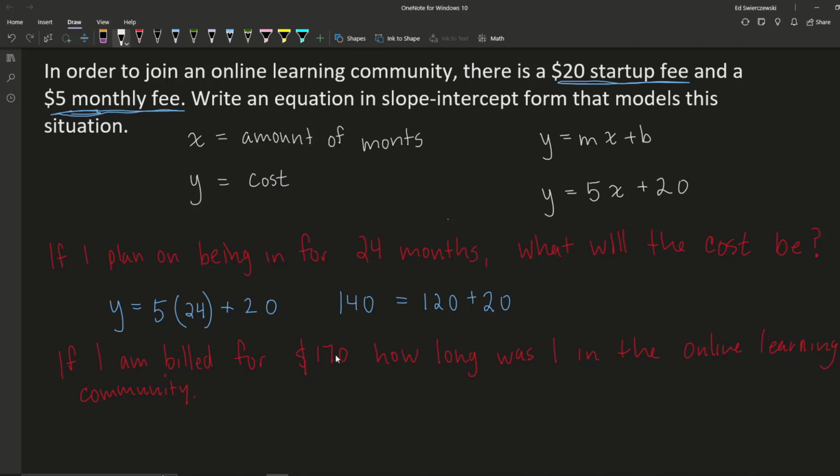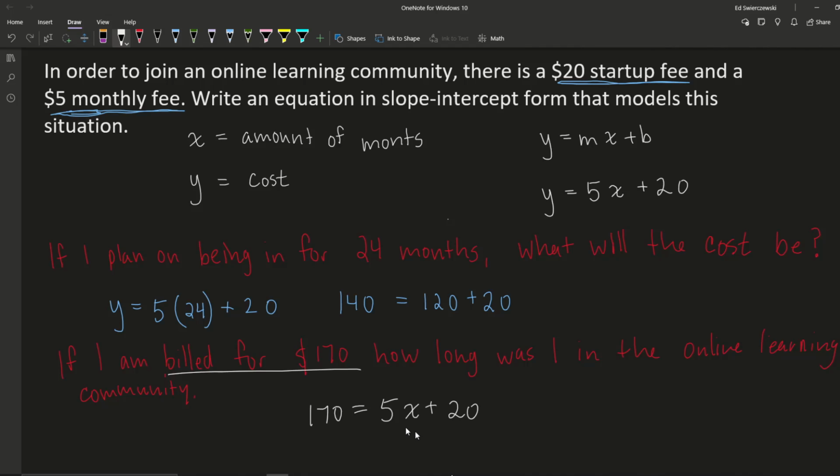All right, so let's take a look at it. So this is, right, the cost. So I need to plug this in for Y. Right, whenever you say I'm billed for something, that's telling you what the cost is. So 170 is going to be plugged in for Y. 5x plus 20.